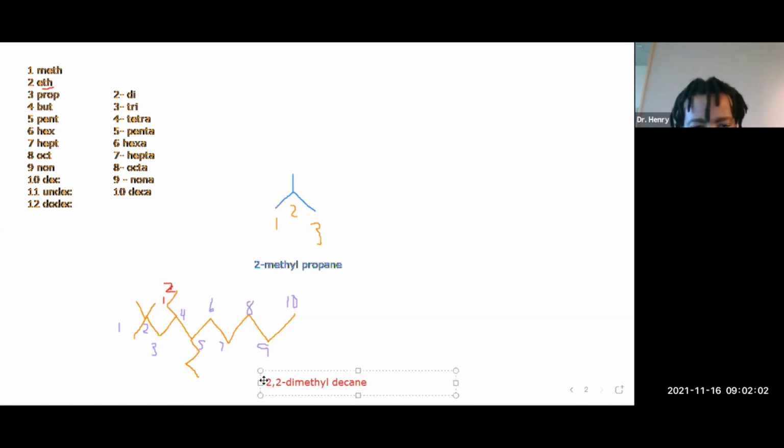So it would be 4-ethyl. And then on the 5th carbon, we have 1, 2, 3, a 3 carbon chain, so that would be propyl. So 5-propyl.